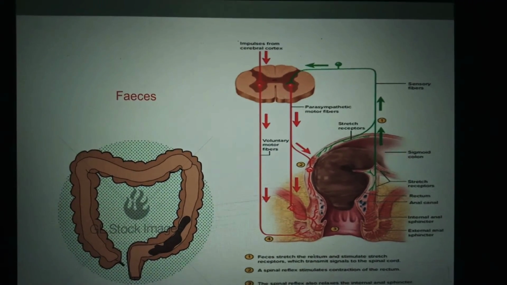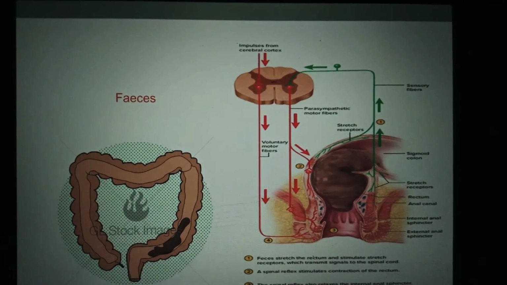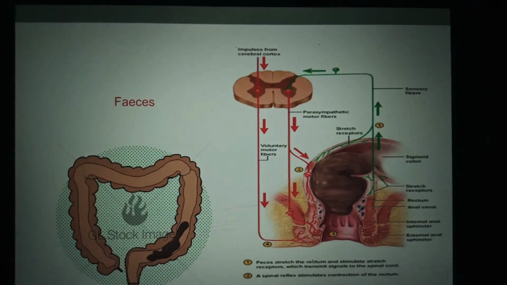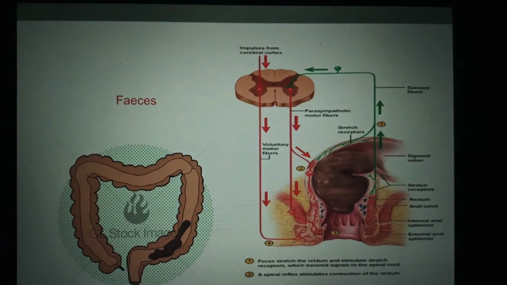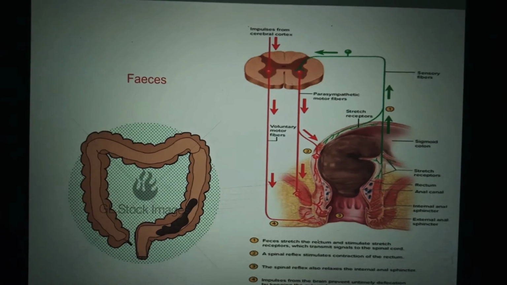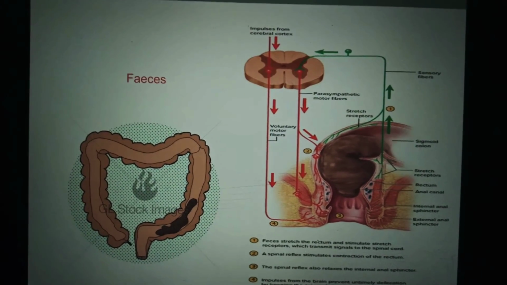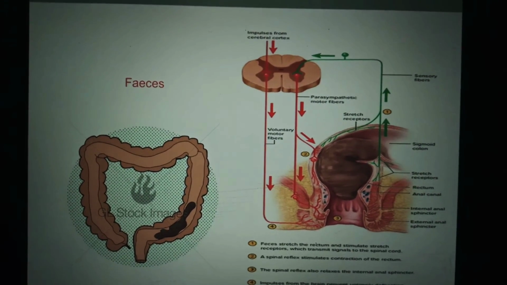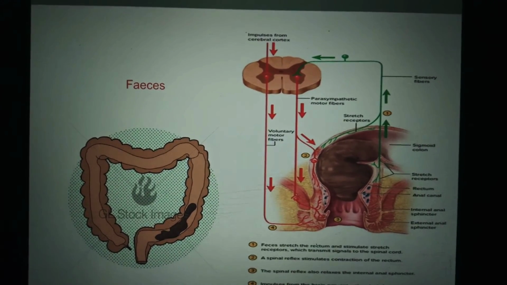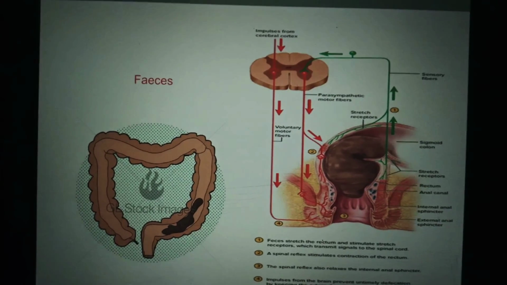This reflex is consciously inhibited in adults, but in infants it is controlled involuntarily. I mean to say that infants are unable to control this reflex. During growth, a child learns to bring the reflex under voluntary control.